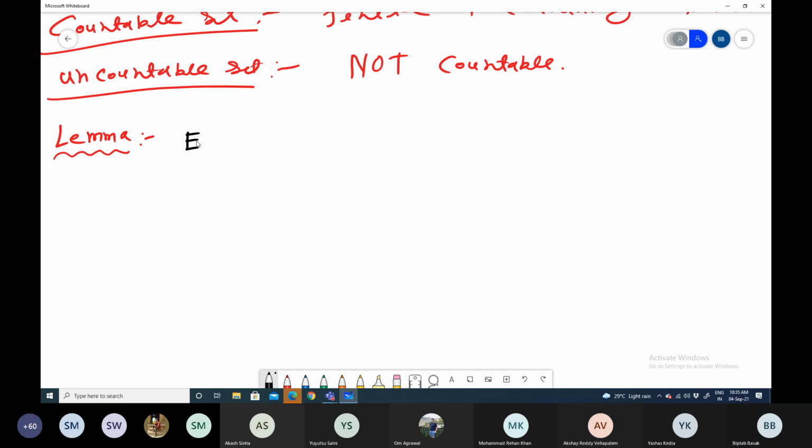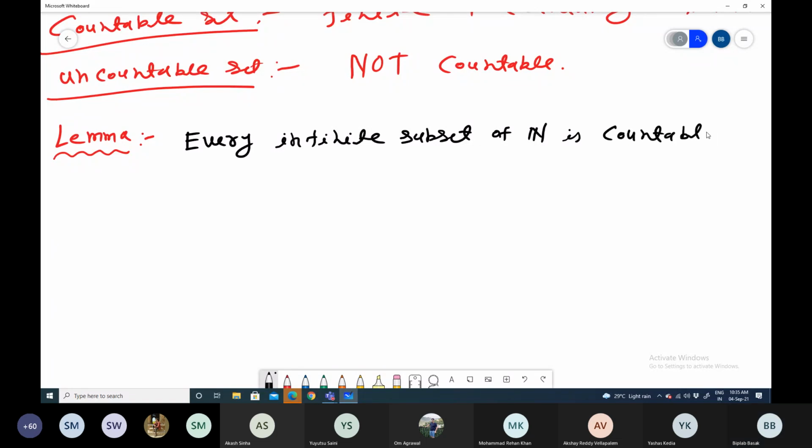So that means you cannot have an uncountable subset of natural numbers. You cannot have that. So the lemma is: every infinite subset of N is countably infinite.